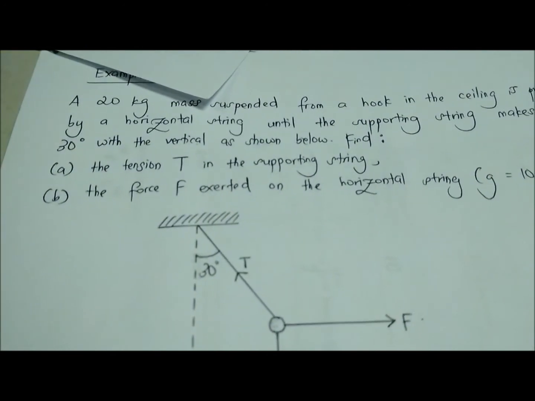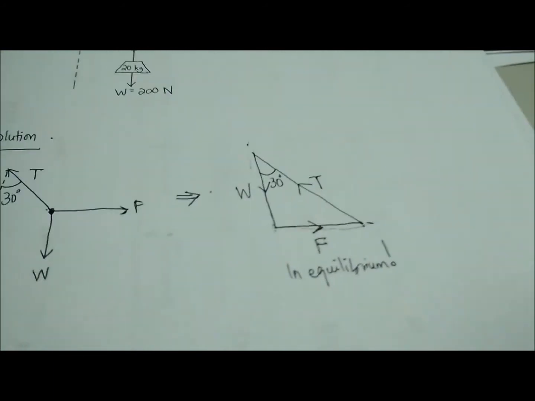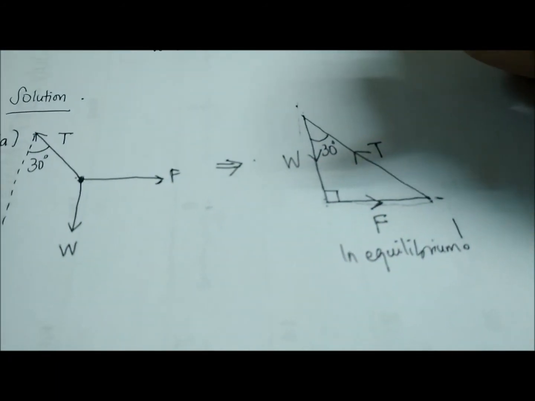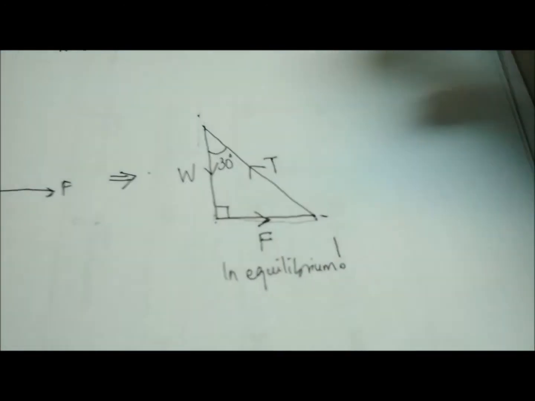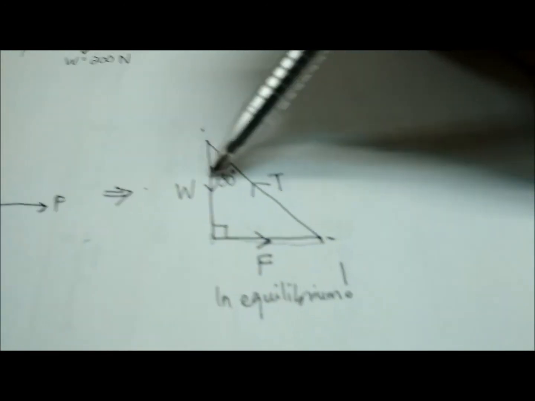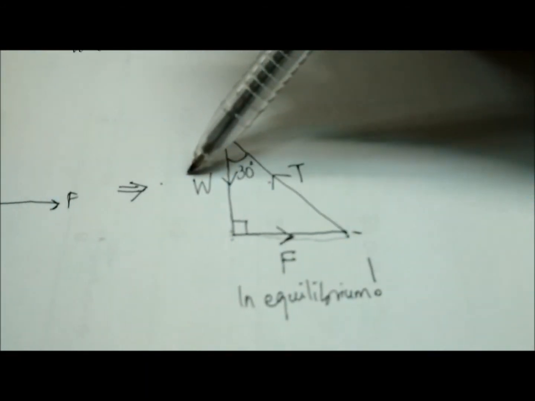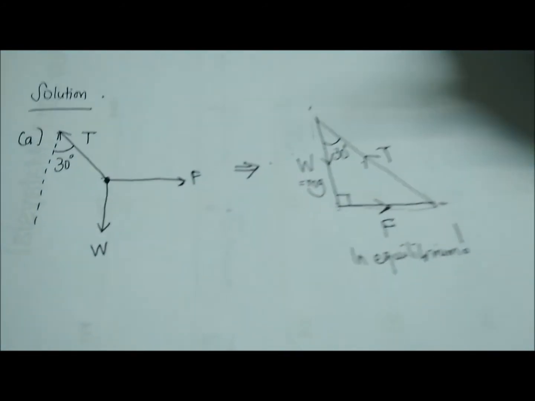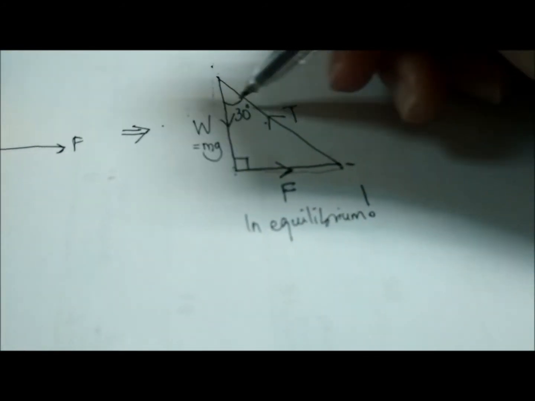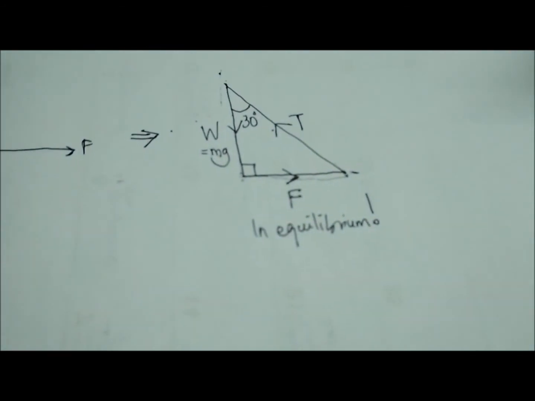Now question A, find the tension T in the supporting string. This is a right angle triangle. So we have 30 degrees, and then we have the information about the weight. Weight is equal to mg, right? So what formula can we use, cos or sine?